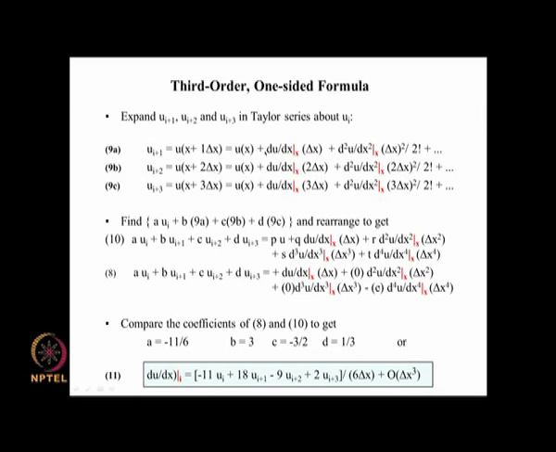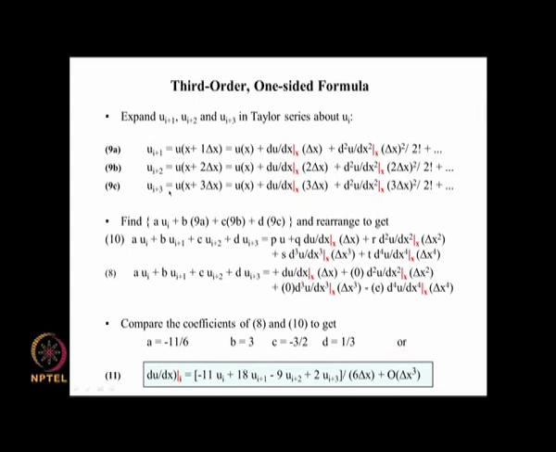So, wherever we had delta x here, we substitute 2 delta x here. And if delta x is small, 2 times delta x is also small. Okay. So, assuming that it is small and it is still convergent and all that kind of thing, we can write ui plus 2 as u of x plus dou u by dou x times 2 delta x plus dou square u by dou x square times 2 delta x whole square by factorial 2.